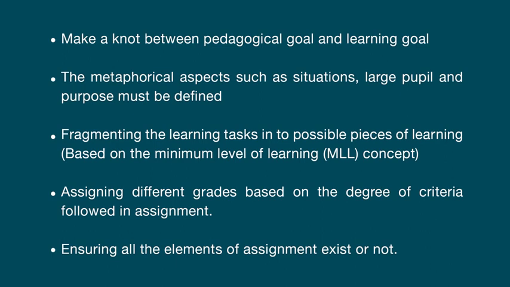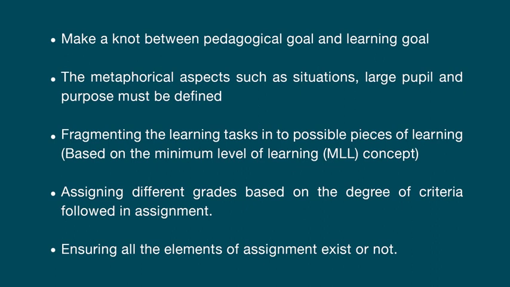The second one is that the contextual aspects such as situations, people, and purpose must also be defined. The third one is fragmenting the learning task into possible pieces of learning based on the minimum level of learning, that is the MLL concept.